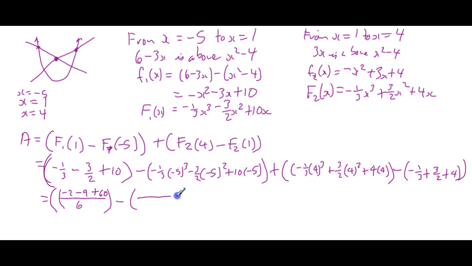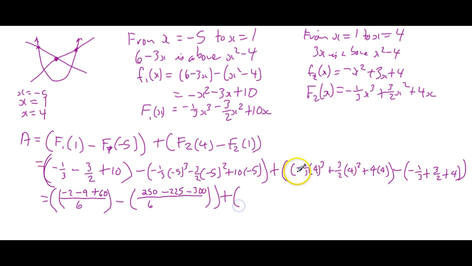I'm going to throw these over 6's, so this is 125 over 3, or 250 over 6. That's a minus there, so that's positive. So we get 25, so we get minus 75 over 2, so minus 225 over 6. And this is minus 50, so that's minus 300 over 6. All right, so those can be collected.